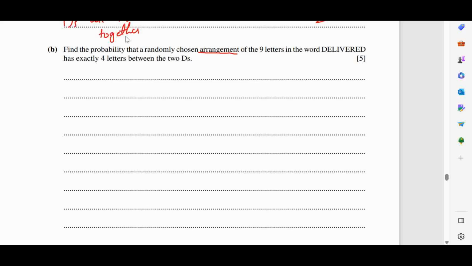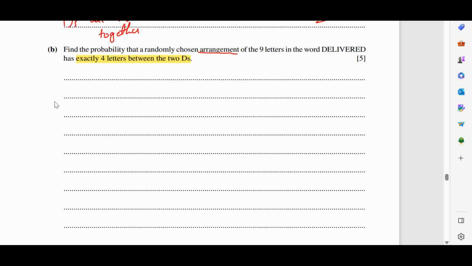This is an important point, so let's underline it: exactly 4 letters between the two D's. We have a total of 9 letters.